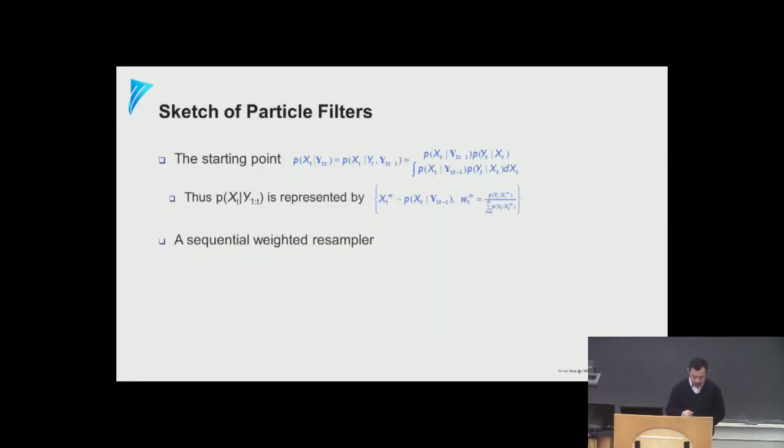So the starting point is the following. We still use the same idea we studied in the Kalman filter to establish a recursive procedure. Let's say that we have this, which is a conditional distribution of the last state x given the evidence up to here.